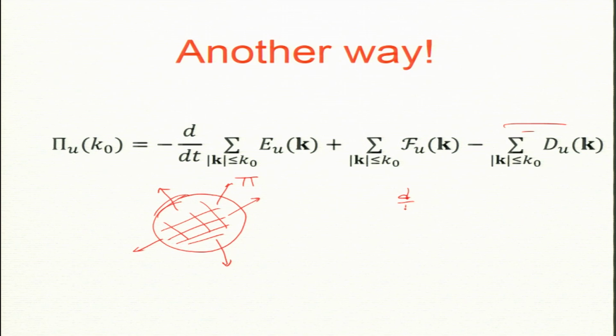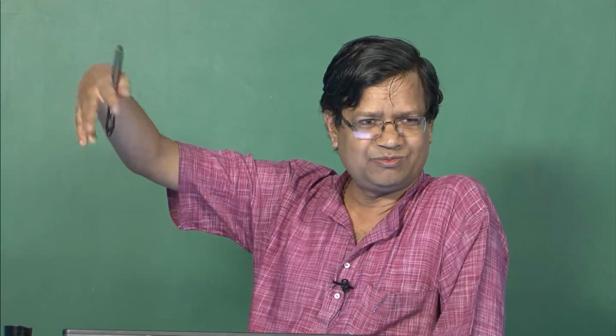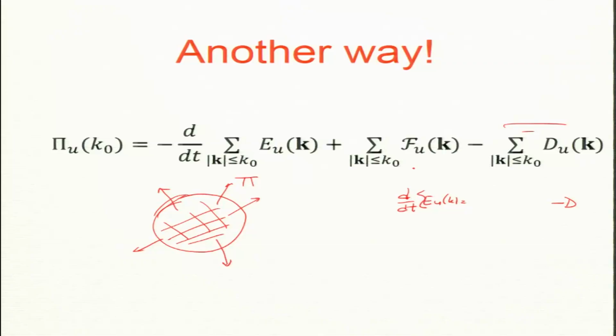So, d by dt of the energy inside the sphere is minus the viscous term, minus D. Now, I also lose by nonlinear interaction, by exchange. It is not losing by dissipation, but I am giving a loan, like interacting with people. So, that is flux Pi.